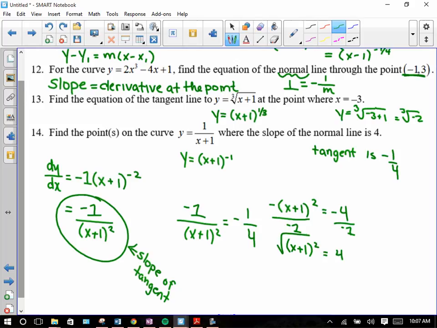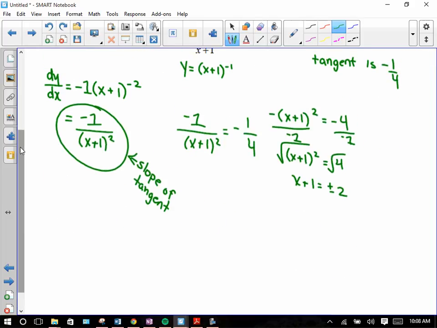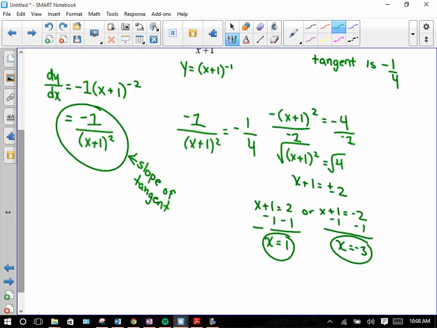I'm going to take the square root on both sides. x plus 1 is equal to plus or minus 2. So x plus 1 equals 2, or x plus 1 equals negative 2. Subtract 1 from both sides, and x equals 1. Subtract 1 from both sides, and x equals negative 3.